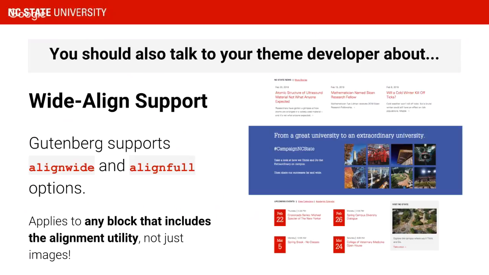Align wide goes all the way to the edges, and align full is just a little bit out of the regular container. If you are able to add support for those different align options, you can do that for basically any block that has the alignment utility. It really gives your content creators a lot more options for creating pages and making them look really cool.